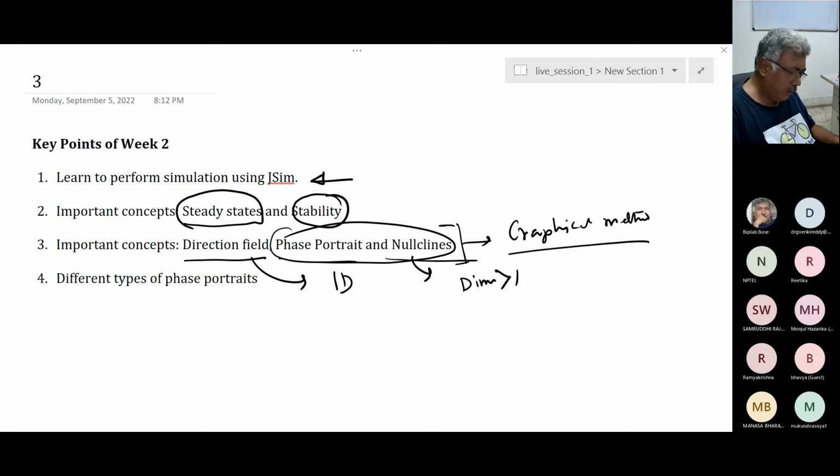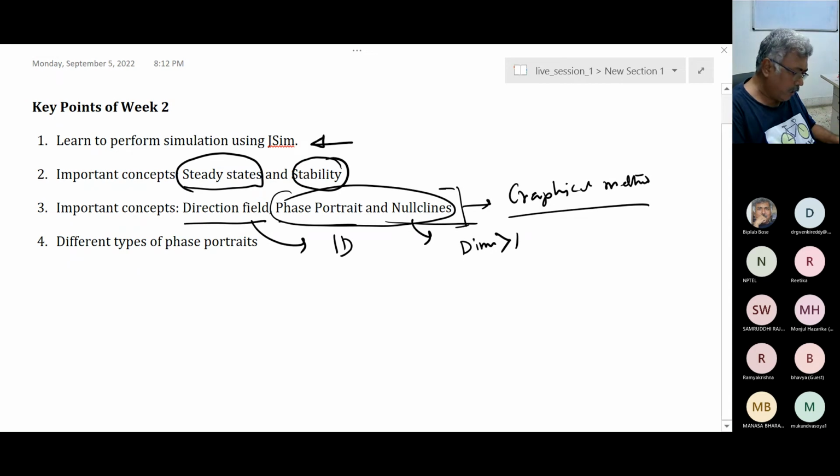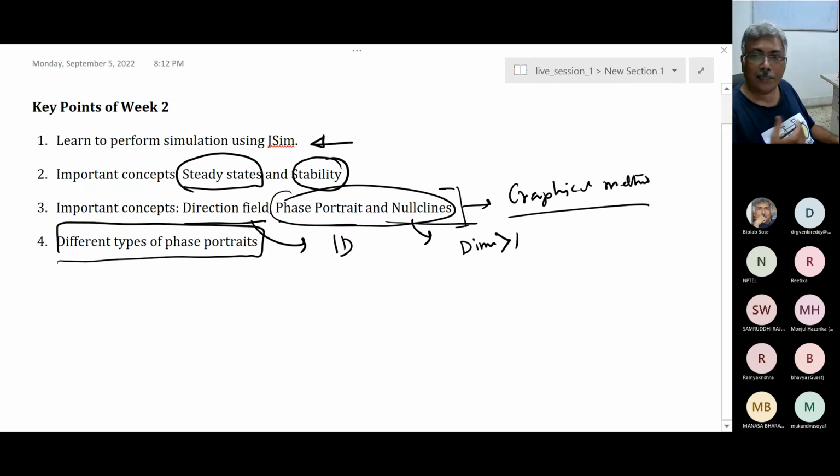Following this, we introduce you to different types of phase portrait, like sink, source, spiral. Then we have the center type. These are very easy. Look at the phase portrait diagram and immediately it will click to you why we call a phase portrait as sink, why we call some phase portrait as source, why we call something as spiral sink or spiral source.